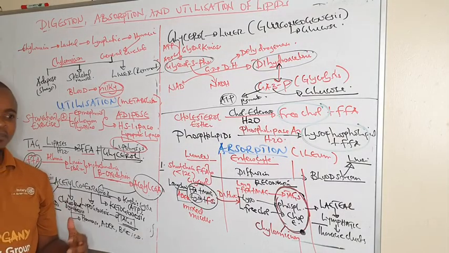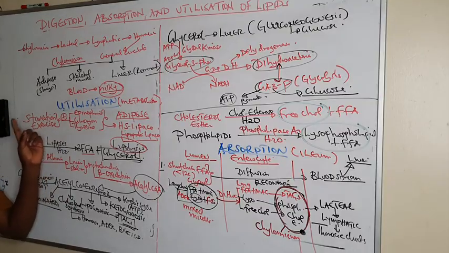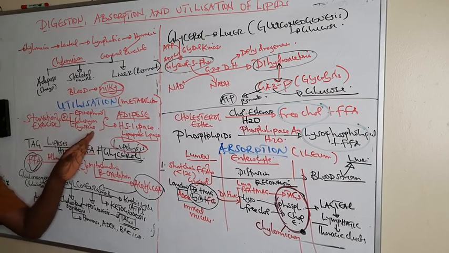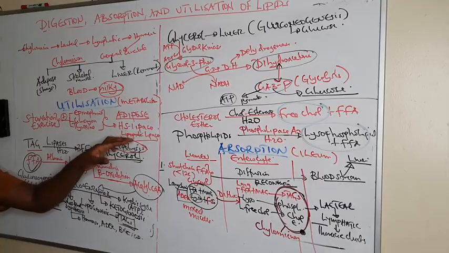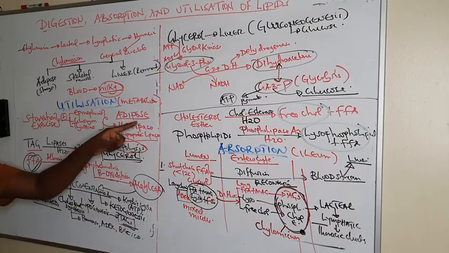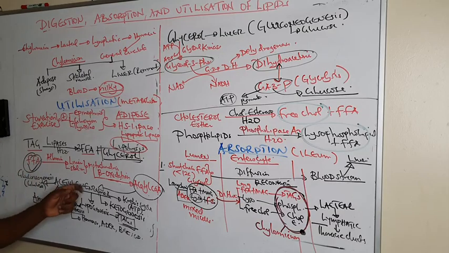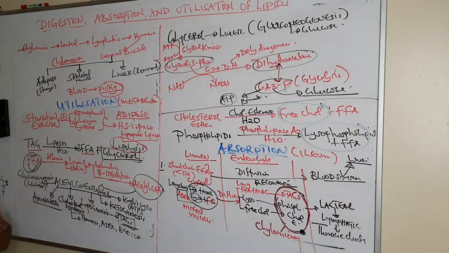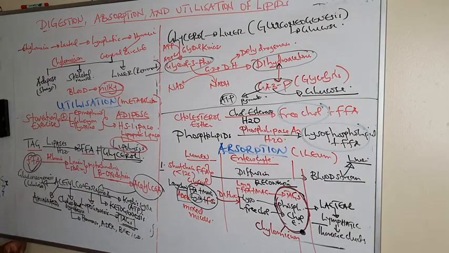A simple recap is that when there is starvation or exercise, these hormones, epinephrine and glucagon, are produced, which activate hormone-sensitive lipase, and utilization occurs majorly in the adipose tissue, whereby triglyceride is hydrolyzed to glycerol and free fatty acid by lipases, either hormone-sensitive lipase or lipoprotein lipase.